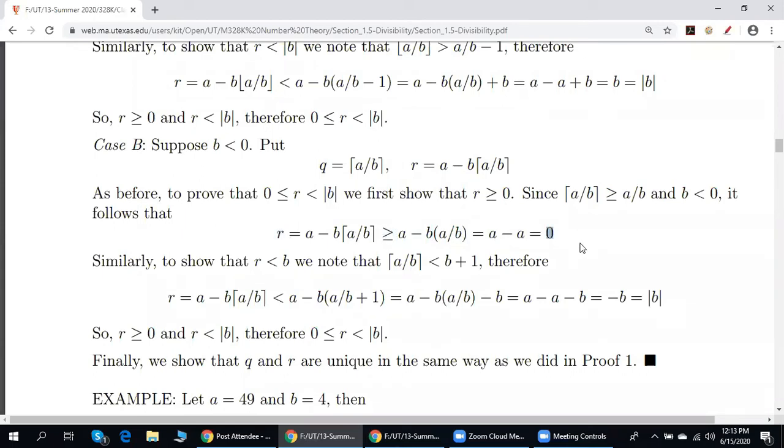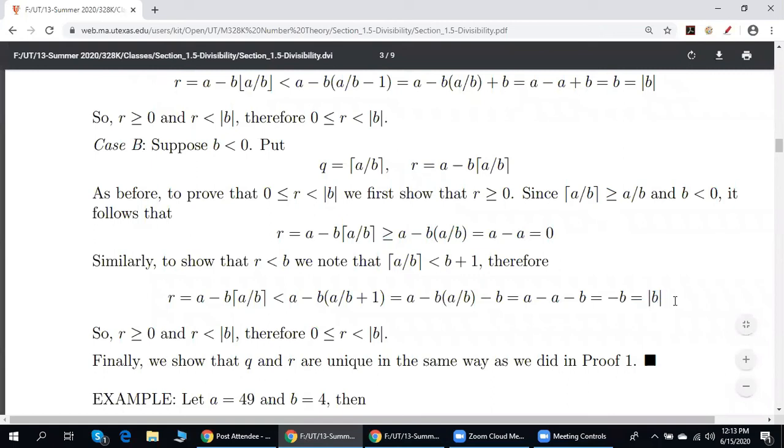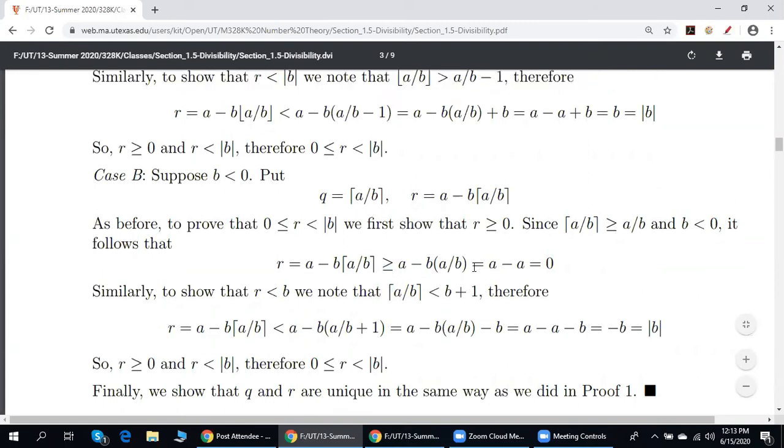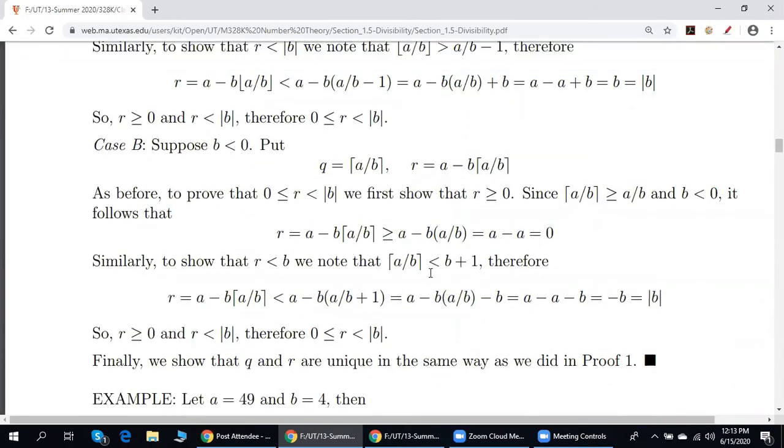In order to show that r is lesser than absolute value of b, observe that ceiling of a divided by b, guys, here is a misprint. Instead of b should be a divided by b. So ceiling of a divided by b is strictly lesser than a divided by b plus 1.